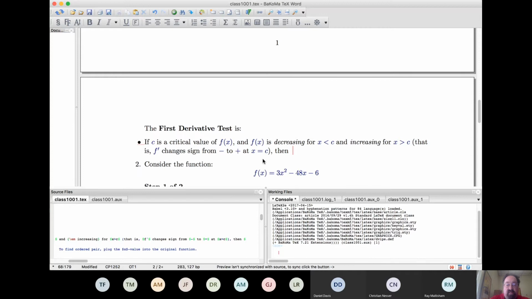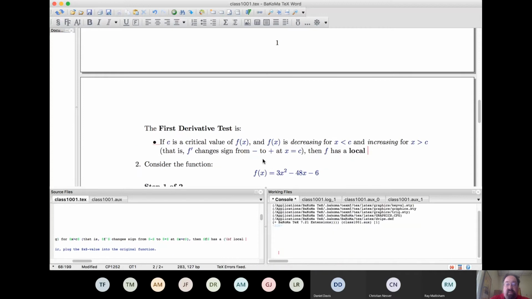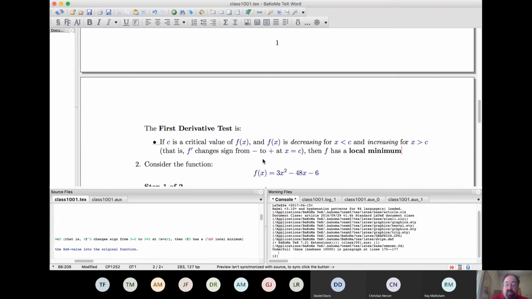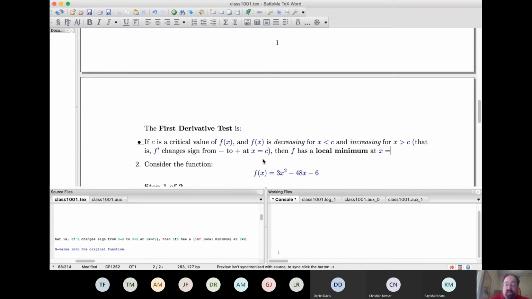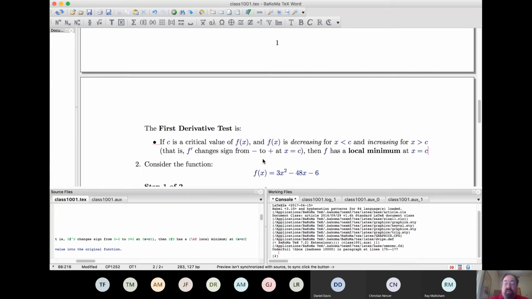Then f has a local minimum at x equals c. Now, what do I mean by a local minimum?